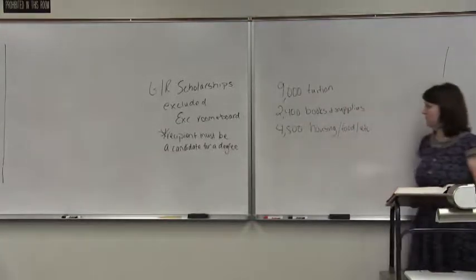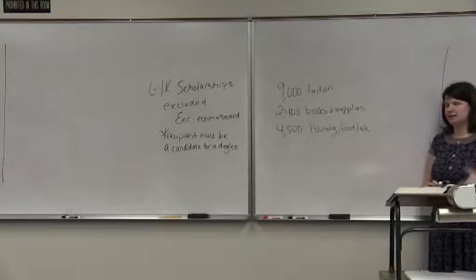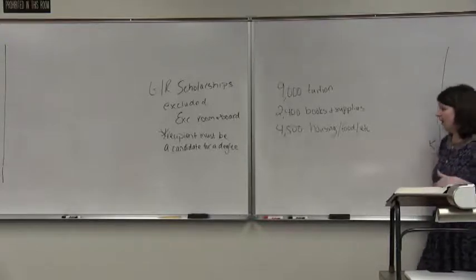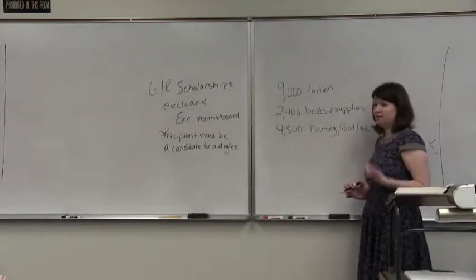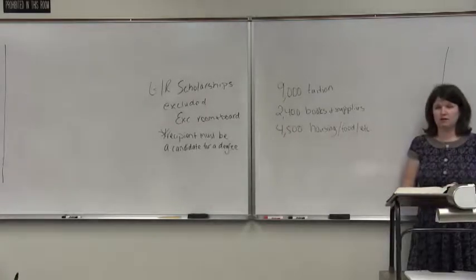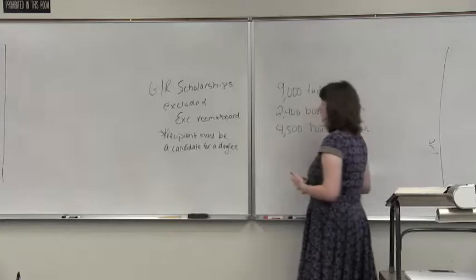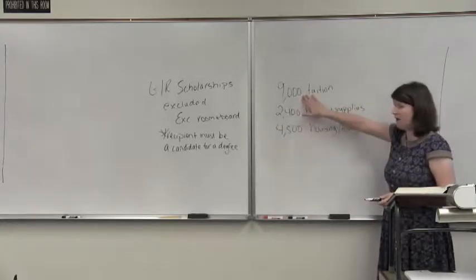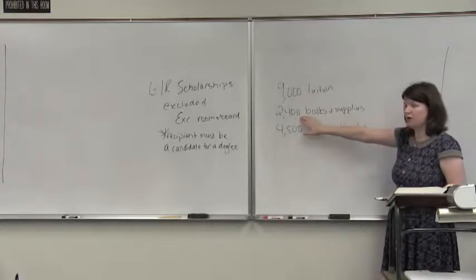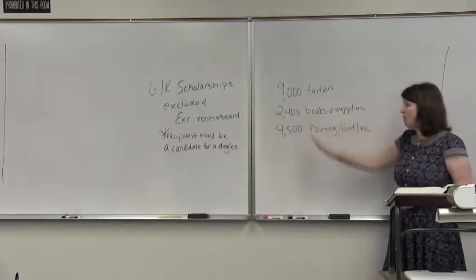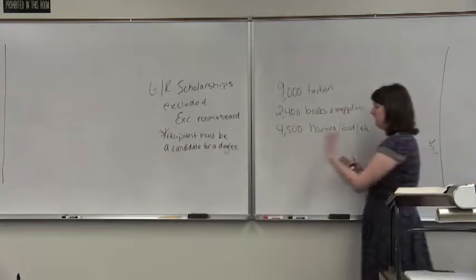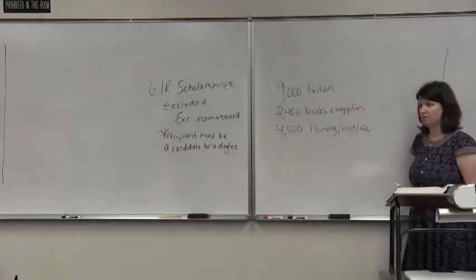Okay? And you will have some problems like this on your exam. The problem may say, what is excluded from gross income here? Or what is considered as a non-taxable scholarship? The $9,000 for tuition and the $2,400 for books and supplies. But what if the problem says, what is included in gross income?